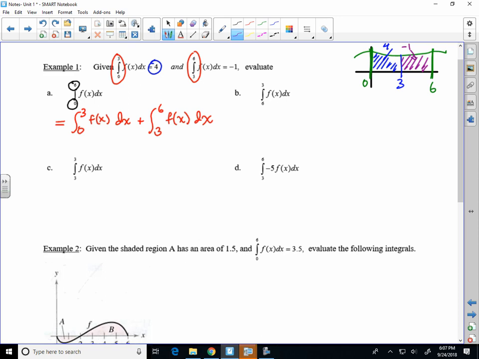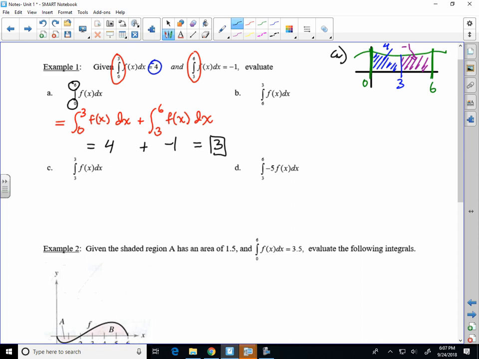Now, my diagram is not consistent with that area because negative areas occur below the x-axis, but it's enough to give you a general sense of what's going on. All right, so what that's telling me is that if I take the 4 and add to it the -1, I will get the net area on that interval, which would be 3.